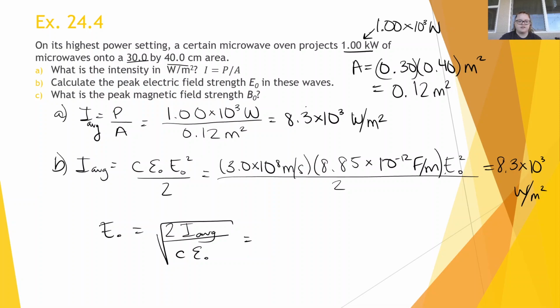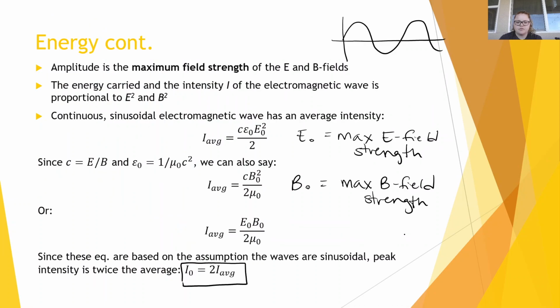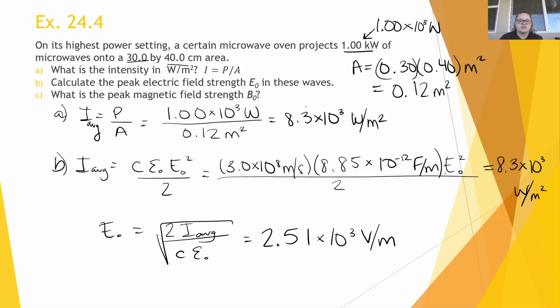So we have an electric field strength of 2.51 times 10 to the third. And electric field strength, I believe, is in volts per meter. Okay, so this is our peak electric field strength of those waves.